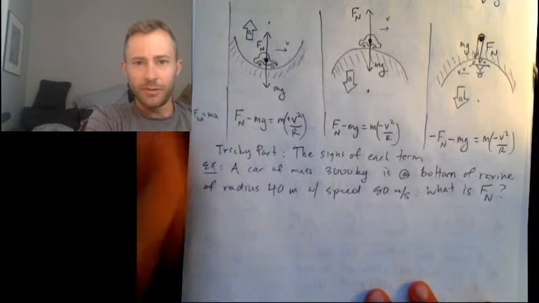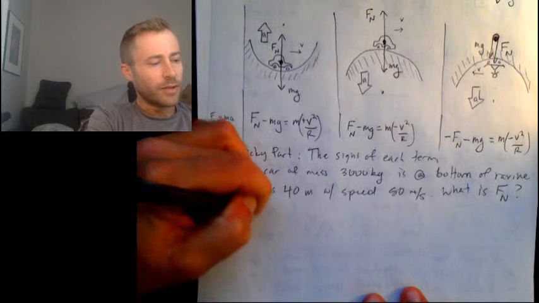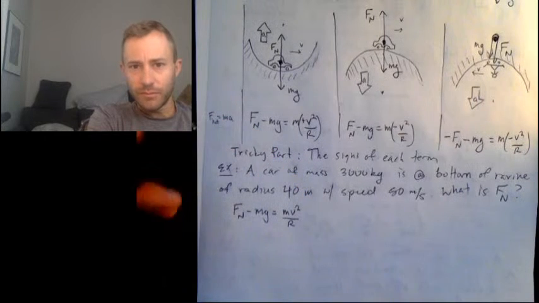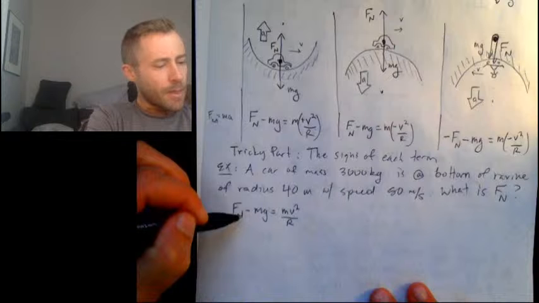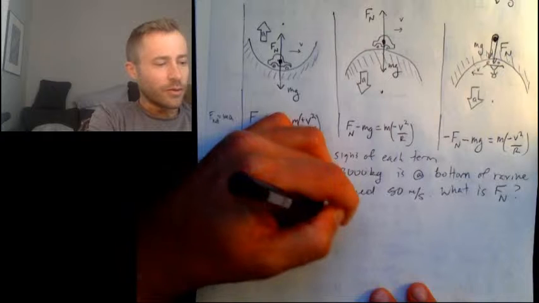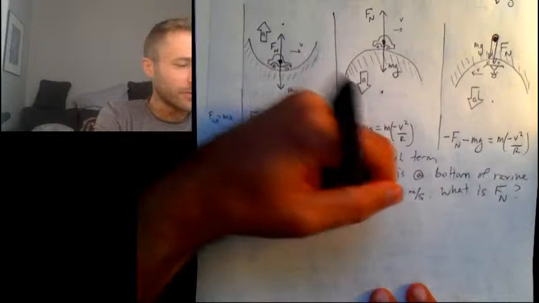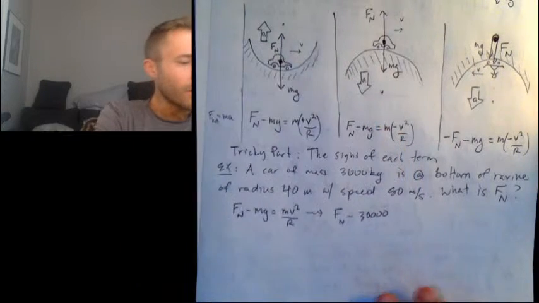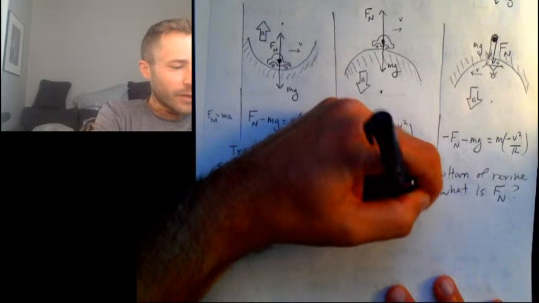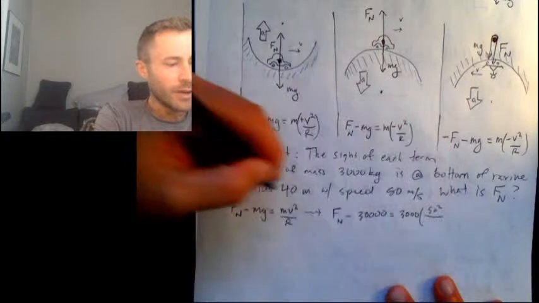So I'm just going to copy Newton's second law down from this. Normal force minus mg equals mv squared over r. So I dropped the positive sign just because. All right. And now I can just plug in numbers. Normal force minus mg, so 3,000 times 10, that's going to be 30,000. Okay. Equals m, which is 3,000, times v squared, so 50 squared divided by 40.